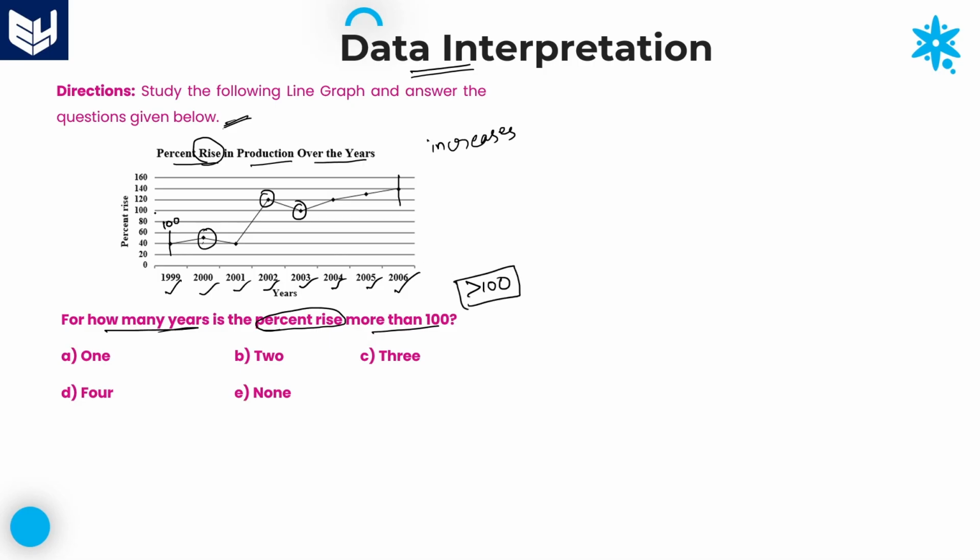If you observe carefully, this is the line where we have 100. He is asking about more than 100, that is 1, 2, 3 and 4. These are the 4 years.